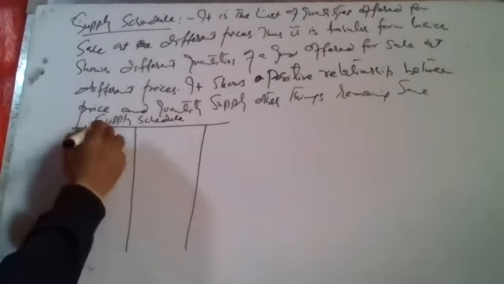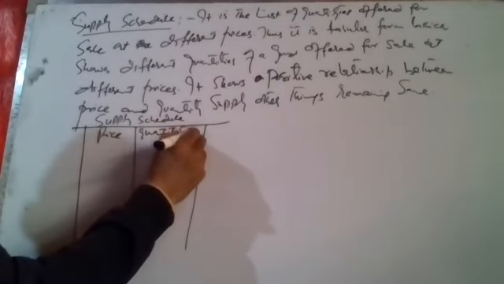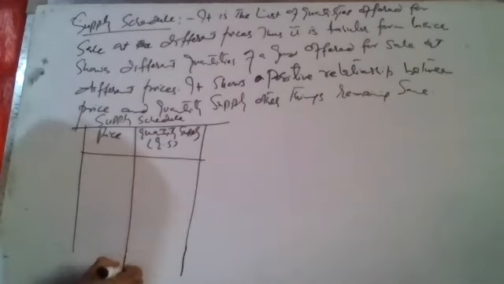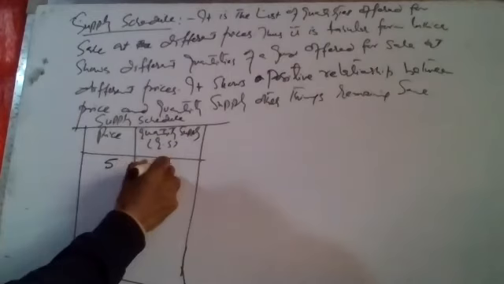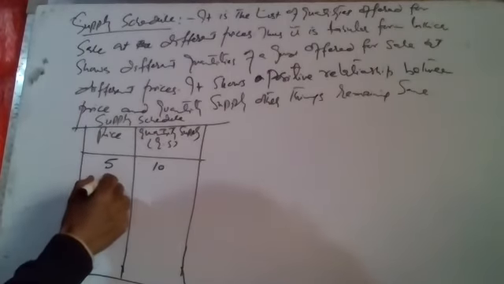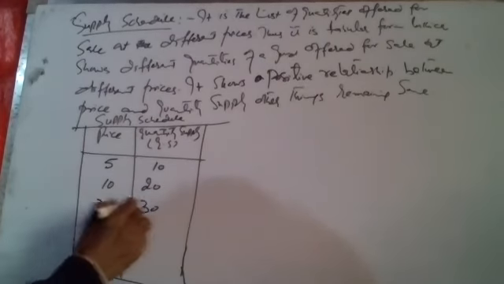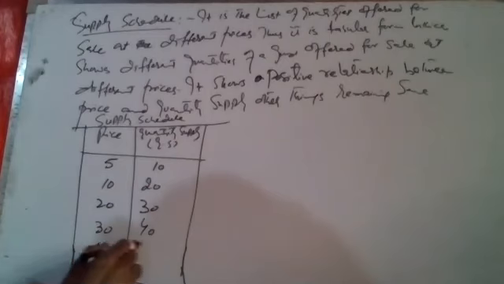This is price and this is quantity supplied, QS. For example, price is 5, supply is 10; price is 10, supply is 20; price is 20, supply is 30; price is 30, supply is 40; price is 40, and supply is 50.